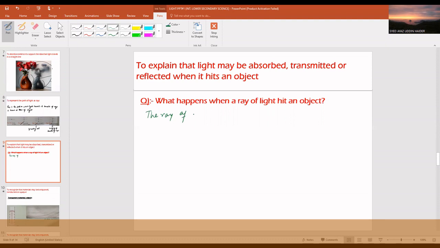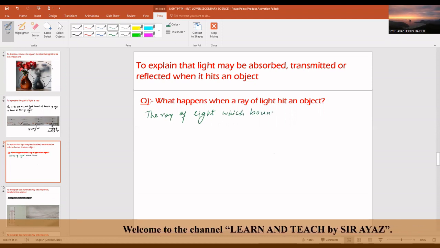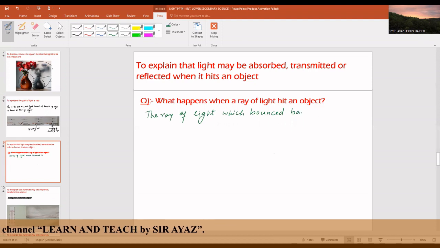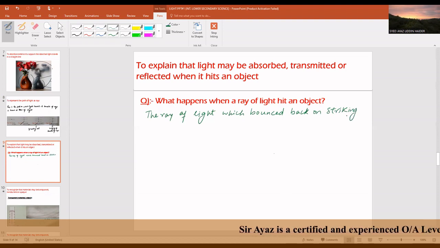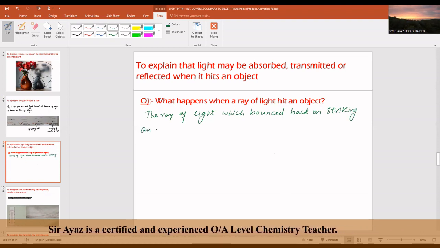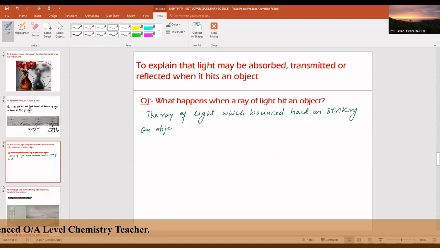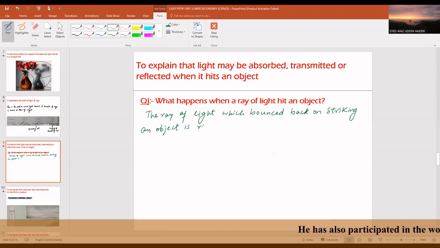The ray of light which bounced back on striking an object is reflected.